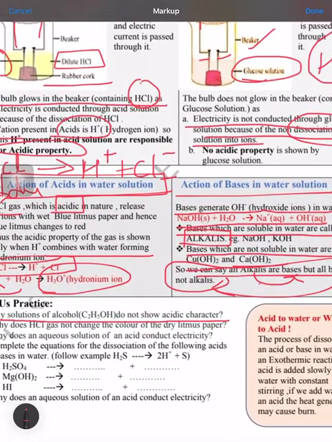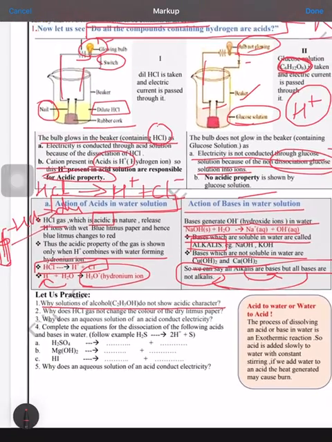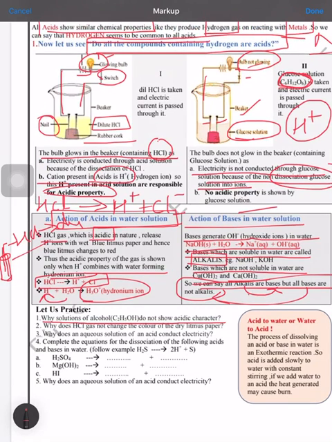So we can write that because there is no dissociation of alcohol, it is not showing the acidic character. Or you can also write that there is covalent bonding in alcohols, and there is a sharing of electrons, not transfer of electrons. That's why they are not dissociated into the ionic state, and that's why they are not showing any acidic character.